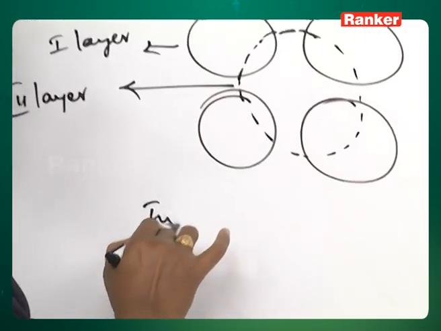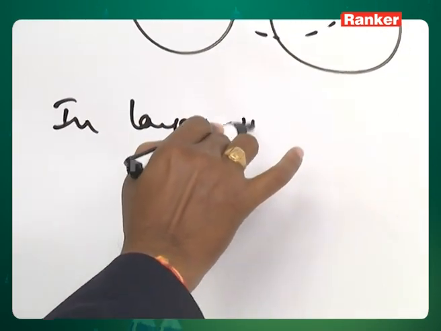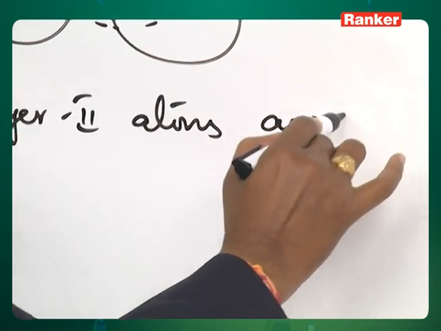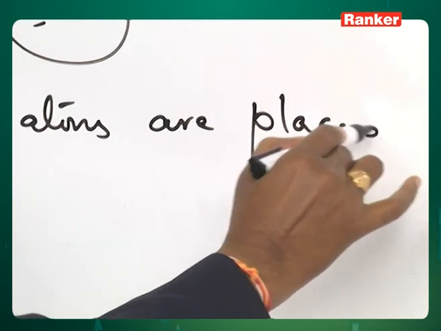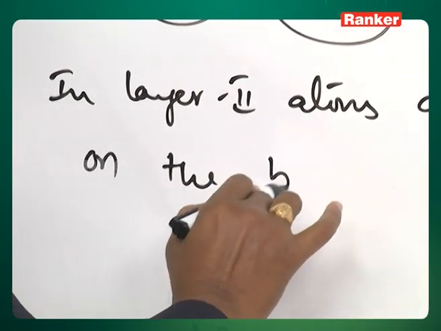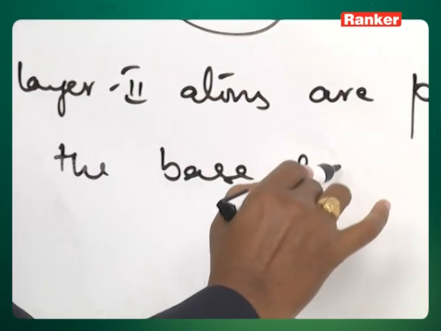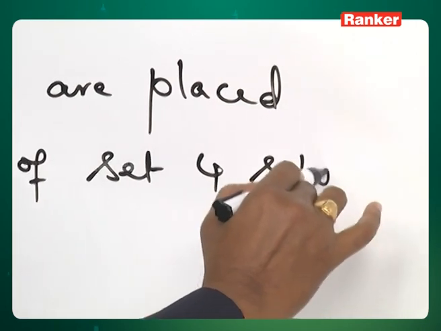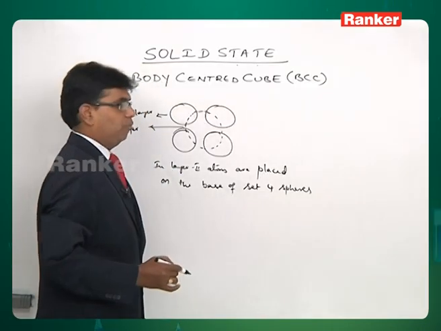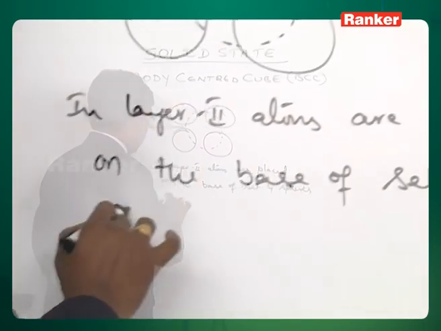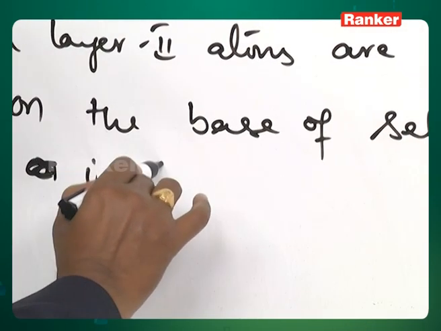In layer 2, atoms are placed on the base of a set of 4 spheres.